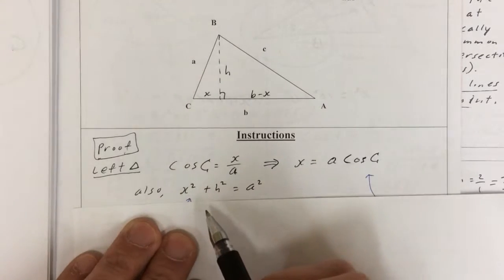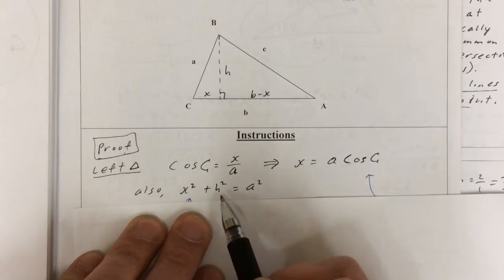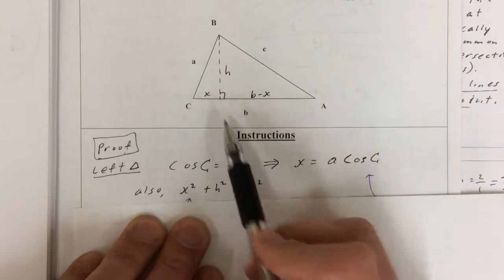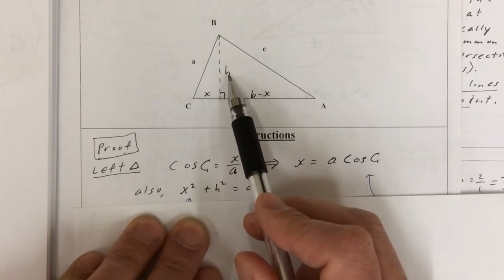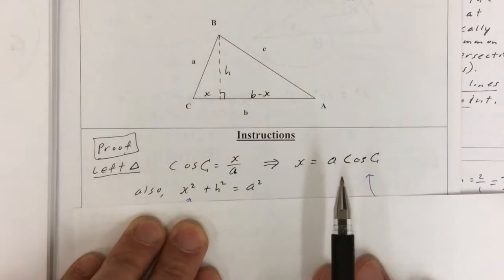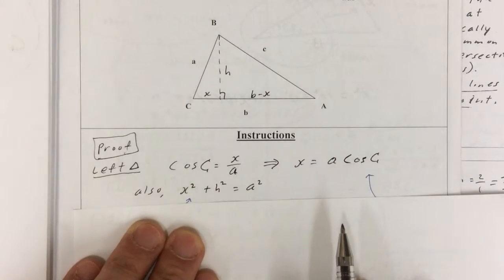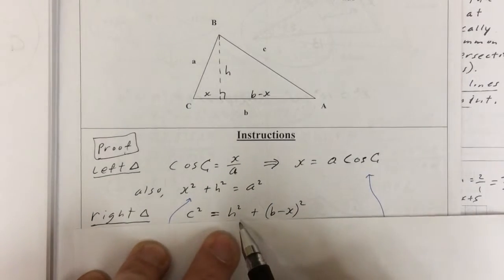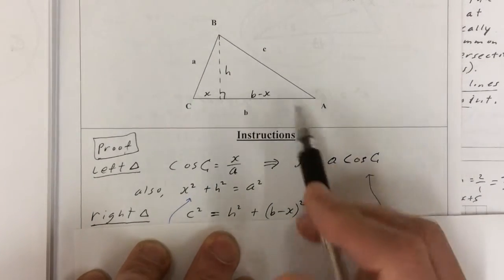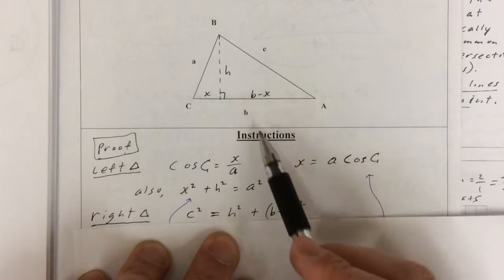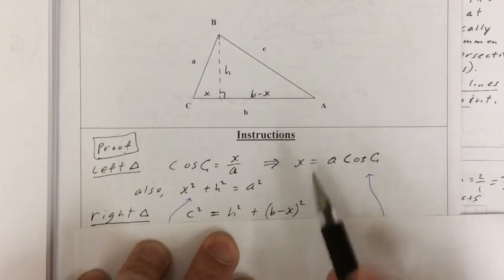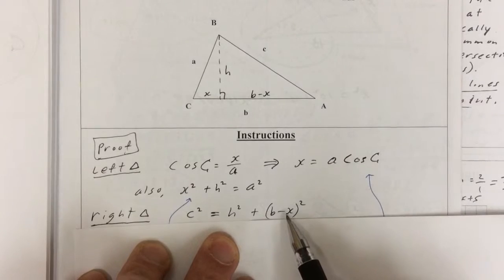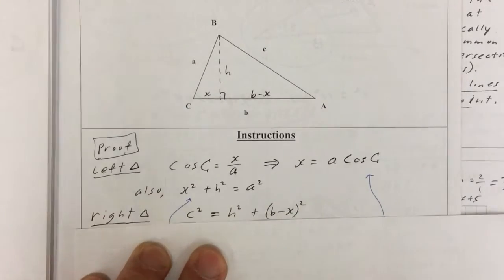Also, we have x squared plus h squared equals a squared. Pythagorean theorem. Now in the right triangle, we have c squared equals h squared plus (b minus x) all squared, using Pythagorean theorem again.